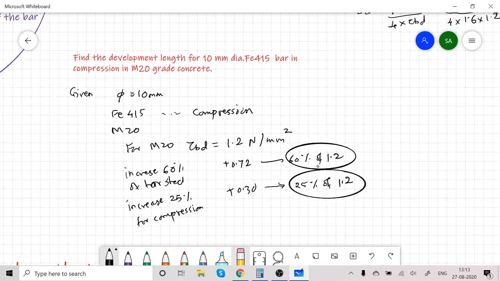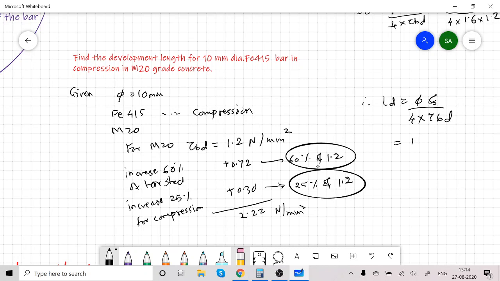So in total, what will I get? 2.22 Newton per mm square, the tau BD value, and therefore LD equal to phi into sigma s divided by 4 into tau BD.